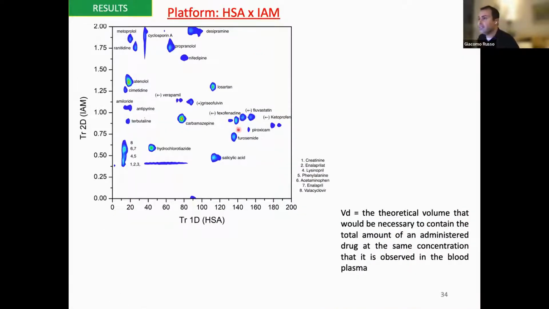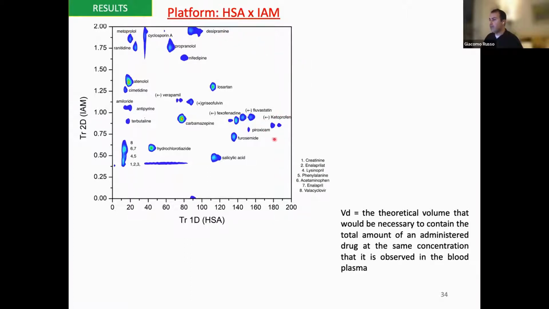So these are the 2D LC chromatograms that we get with the whole mixture of compounds that we managed to screen. As you can see here, the separation was quite good. So we essentially exploited most of the chromatographic space.